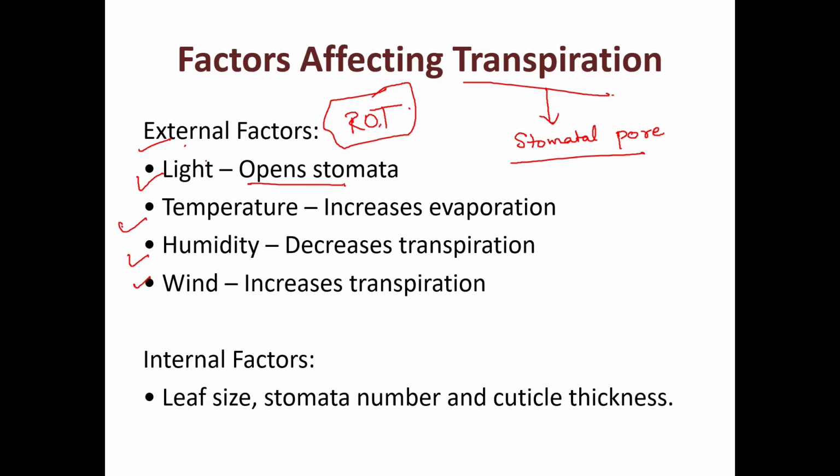Light opens the stomata. If stomata are open, the rate of transpiration will be high. Temperature: if temperature increases, it also increases the rate of evaporation, so it also increases the rate of transpiration. Why?